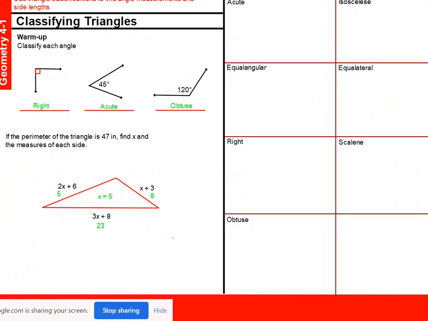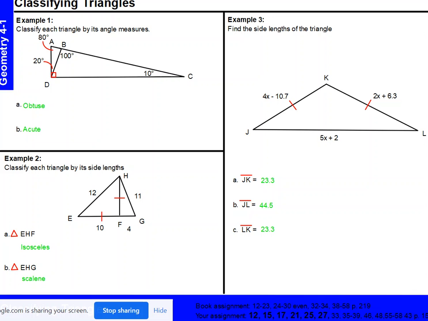Avery. All right, so let's check. Looking at the angle measurements, triangle ABD is acute.